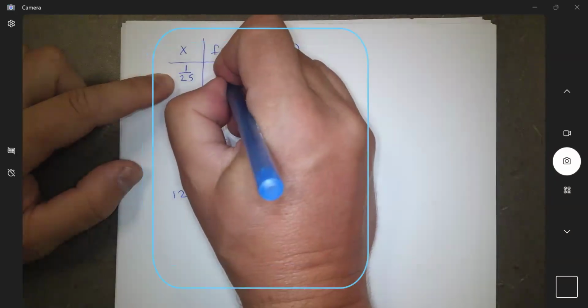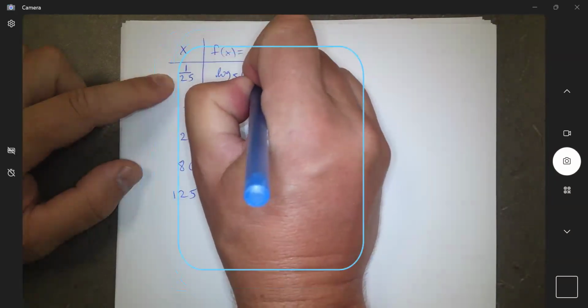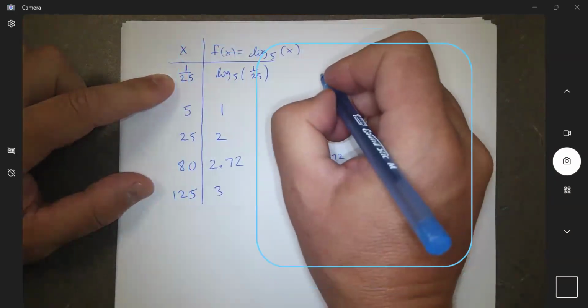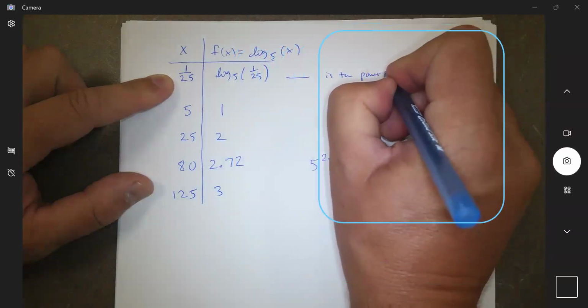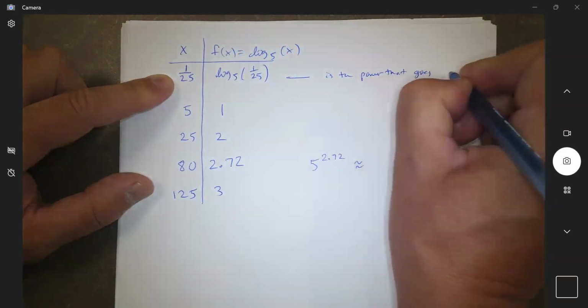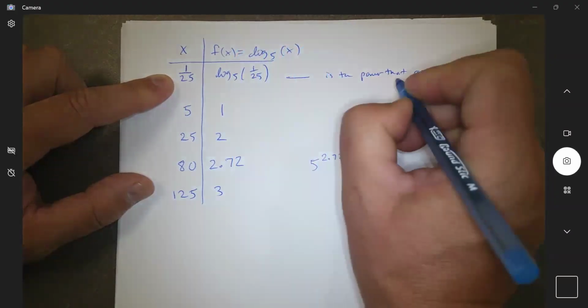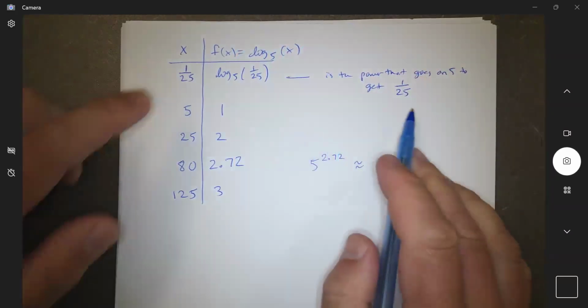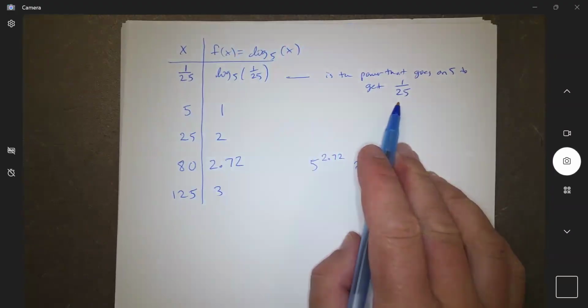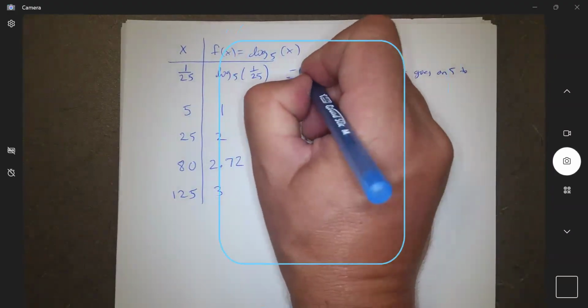Okay, so what is the power that goes on 5 to give 1 over 25? It would be negative because it's a fraction. It's minus 2.